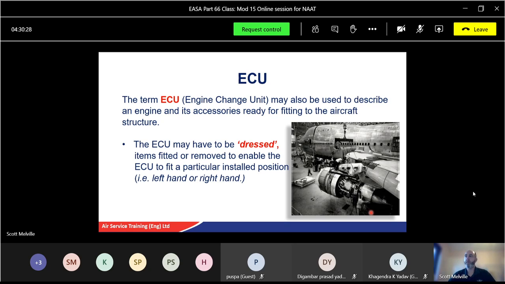It means we prepare the ECU to fit either the left-hand side or the right-hand side. So you might have to fit things like cowlings, some sort of doors that are positioned purely outside the core engine, the main engine. It can be fitted either side, but there are accessories that go around the doors. They are sided, as we call it, so it'll be left-hand side or right-hand side. So that's what I mean by dressing the engine.